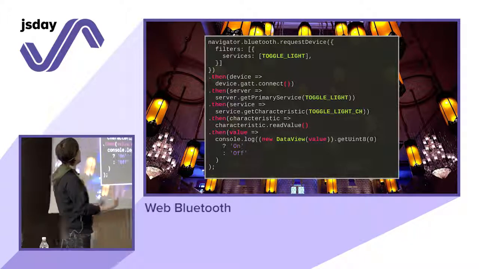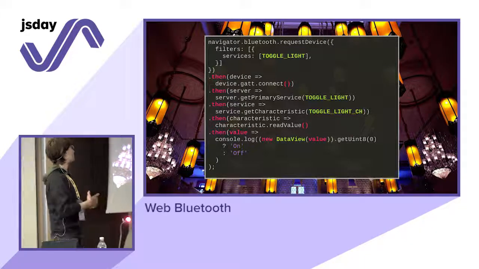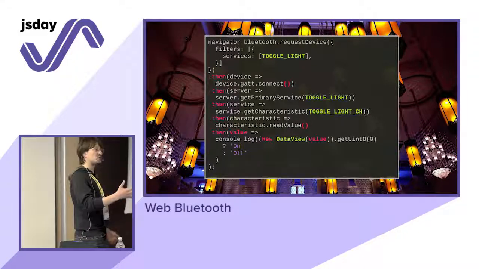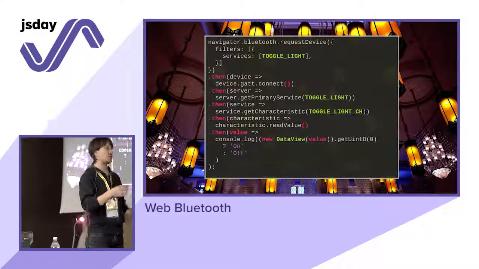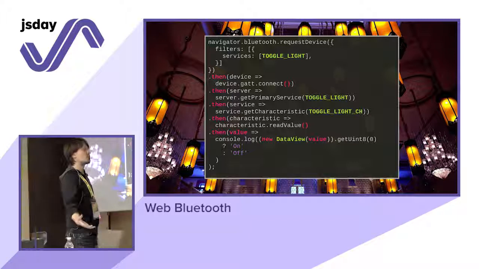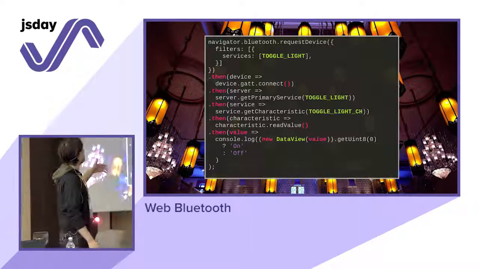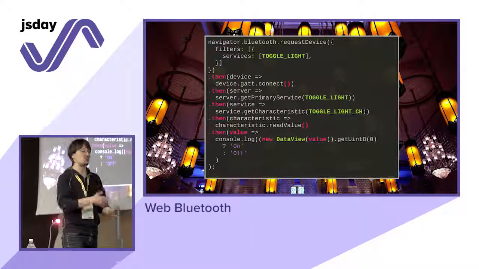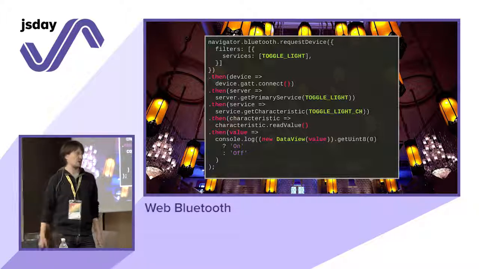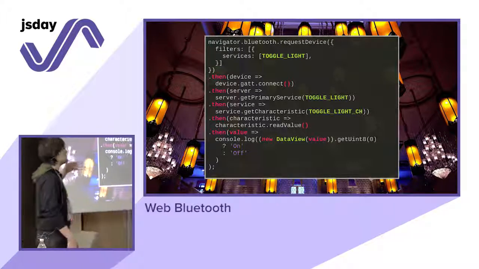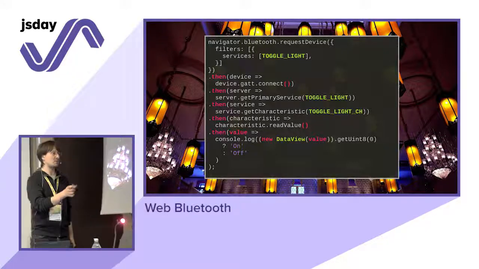The first step is navigator.bluetooth.requestDevice, and what it does is allow you to specify how you want to identify the device you want to connect with. In this specific case, you can specify some services you expect to find on the device. Another thing you can do is specify a part of the name of the device.